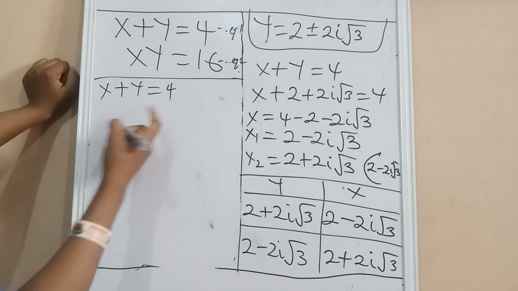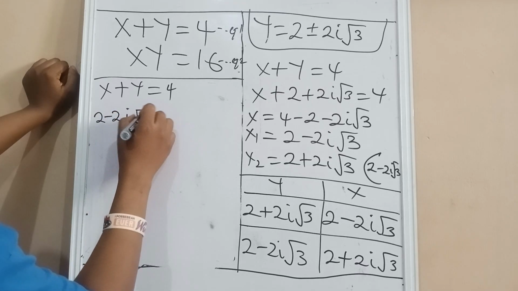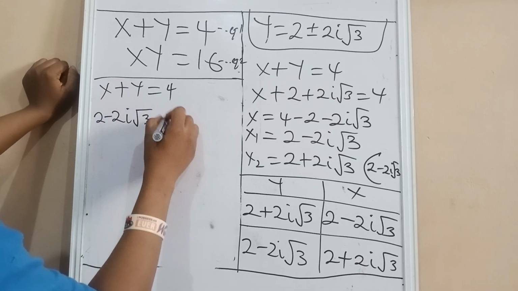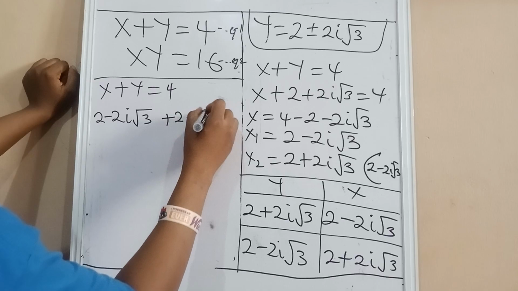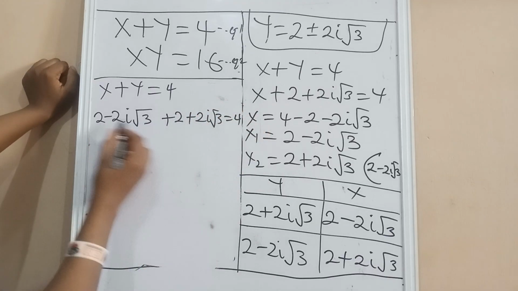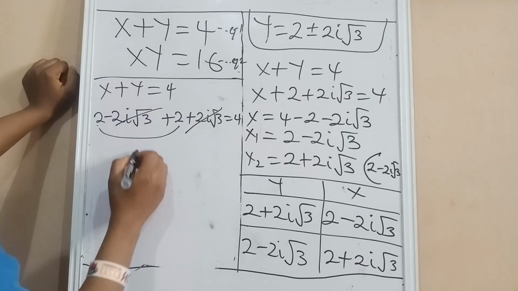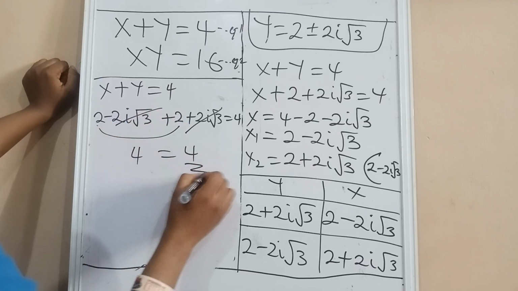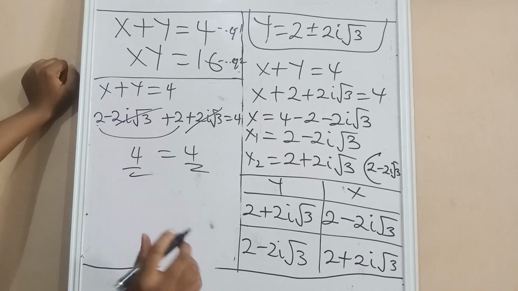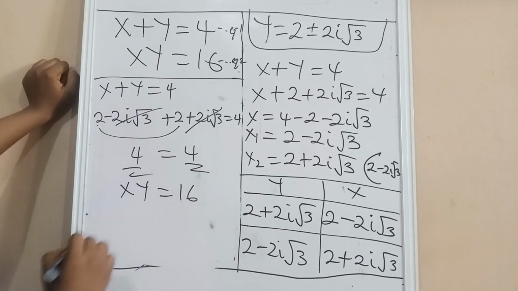Starting with this one, our x is 2 minus 2i root 3 plus 2 plus 2i root 3 equals 4. Okay, this is negative, this is positive, strikes out. 2 plus 2 gives us 4 equals 4. This works neatly.